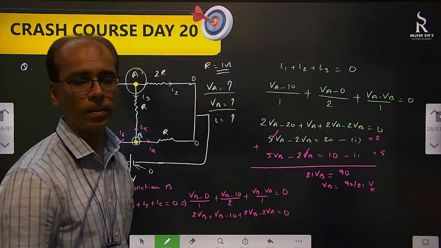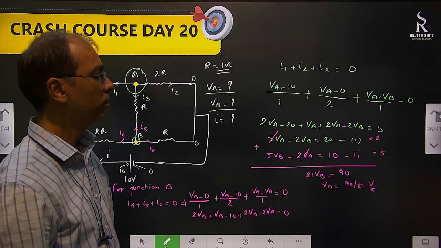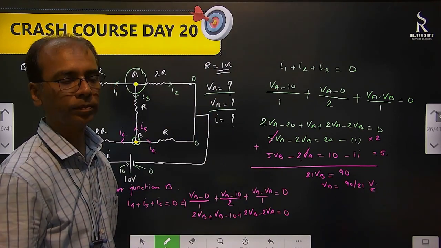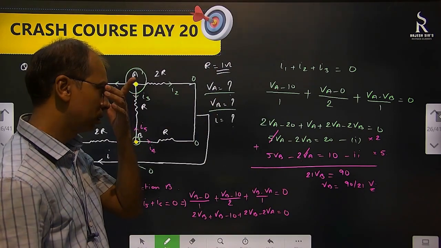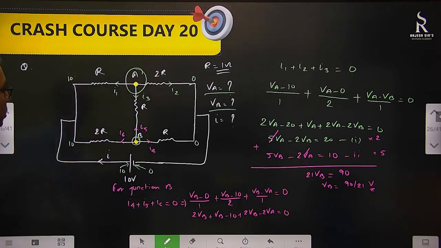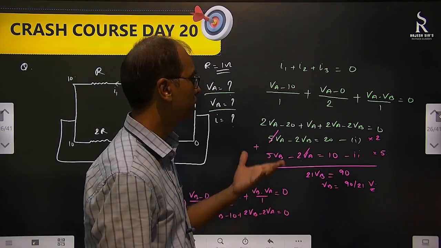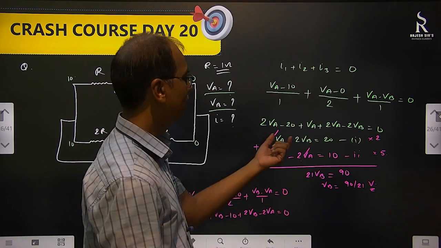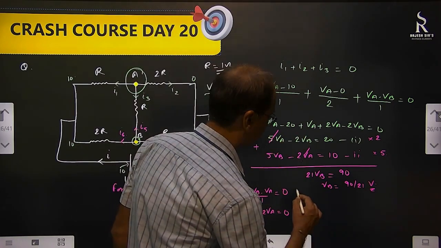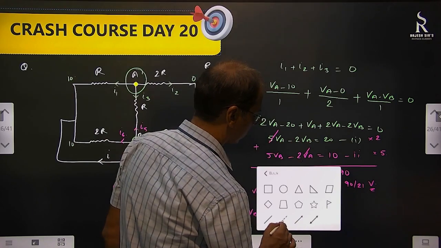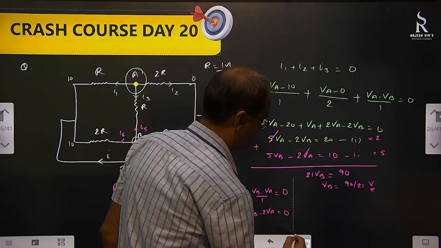That's VB. Okay, then VA will be what? What is going to be VA? Okay, fine. So VA now, VB value we can put in any of the equations. Let's say 5 VA, first one I am putting. So here let's make a boundary.